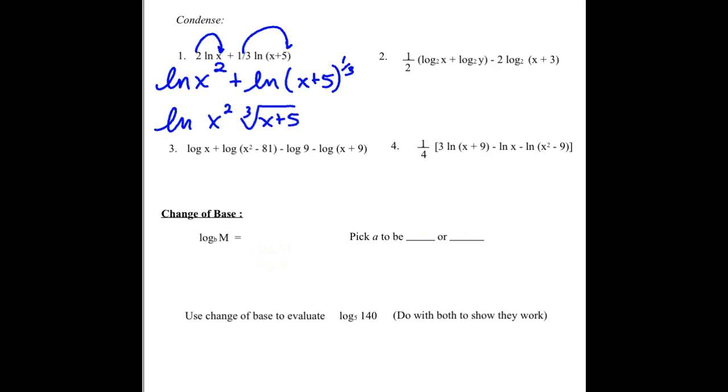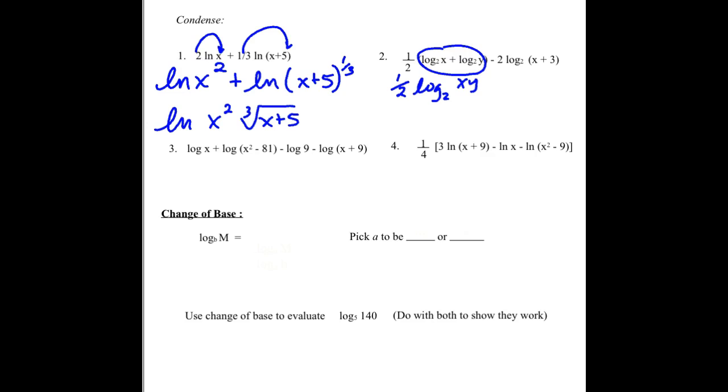All right, number 2. We do have a 1/2 in front, but look carefully. In parentheses, what are we going to have to do? This 1/2 applies to all of that, right? So let's get that condensed down. It would become 1/2 the log base 2 of xy for that piece.